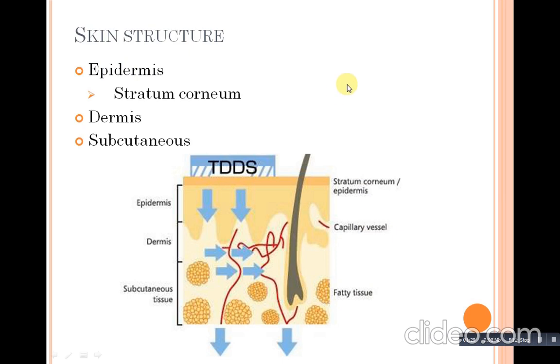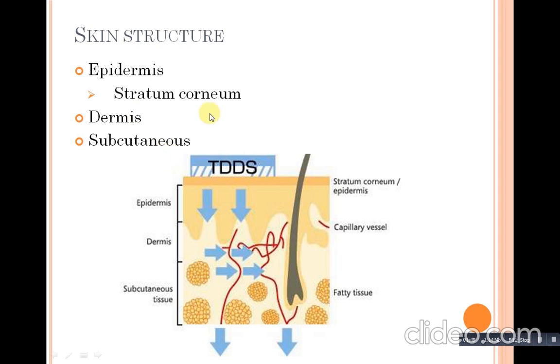Before studying this, we must know the basic structure of skin. The outermost layer of skin is the epidermis, and the outermost layer of the epidermis is the stratum corneum, which is made up of dead cells, then the dermis and subcutaneous tissue.